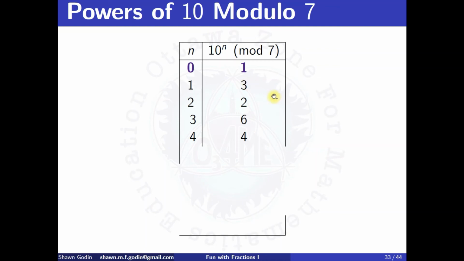The next one is going to be 3 times 4 is 12, which is 7 plus 5. The next one is going to be 3 times 5, which is 15, which is 14 plus 1. And now we're back to here, which means that this whole chunk is just going to repeat. If I keep going, this thing is periodic with period 6.